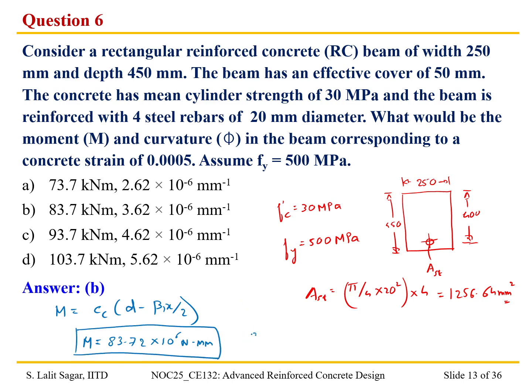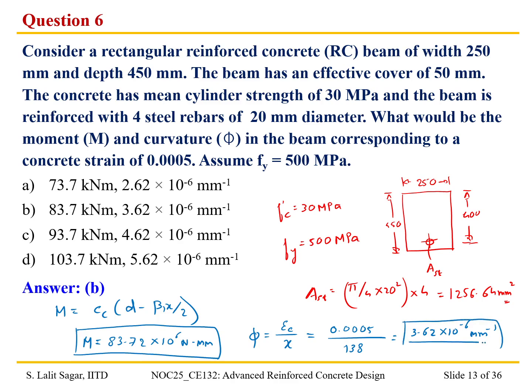And the curvature phi is given by the strain in concrete divided by the depth of the neutral axis, that is 0.0005 divided by x, which is 138 millimeter. So we get the value of curvature as 3.62 into 10 to the power minus 6 per millimeter.